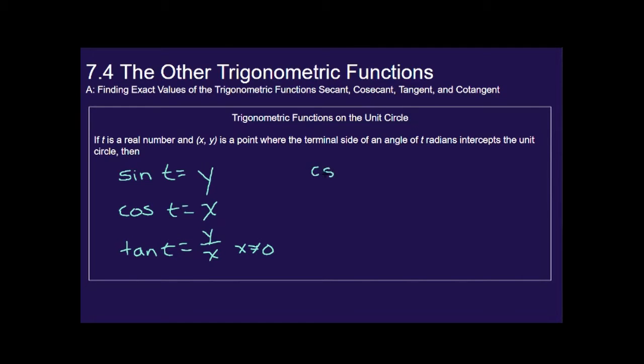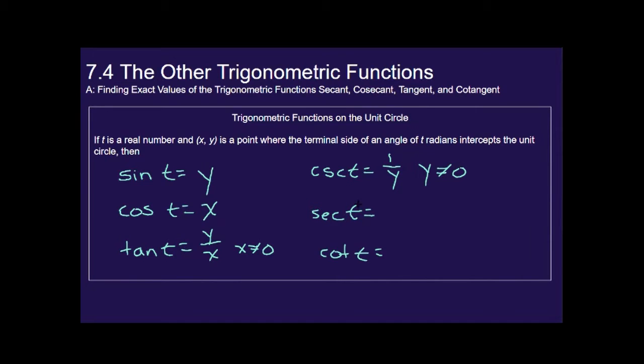Okay, now we're going to use these to summarize our cofunctions. So we have cosecant of t, secant of t, and cotangent of t. Okay, so cosecant is the inverse of sine. So instead of y, we're going to have 1 over y. And then y cannot equal 0.